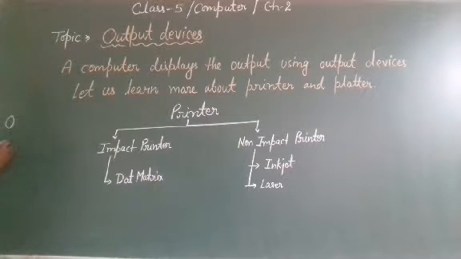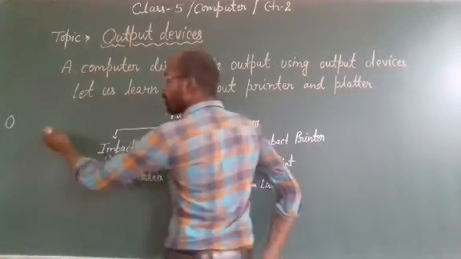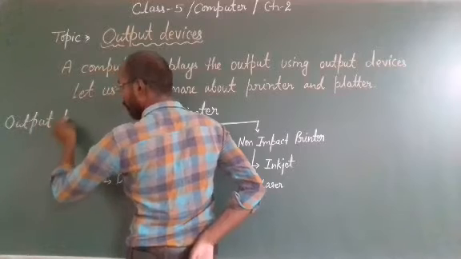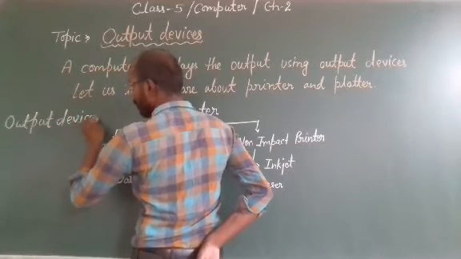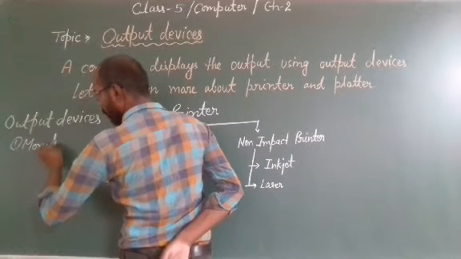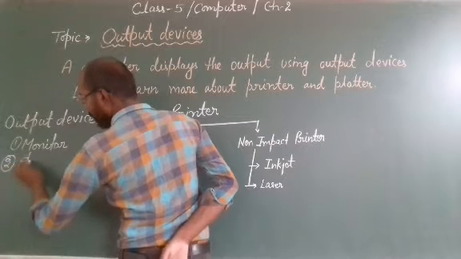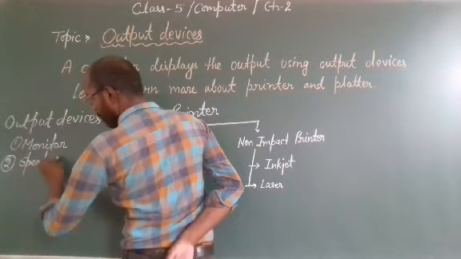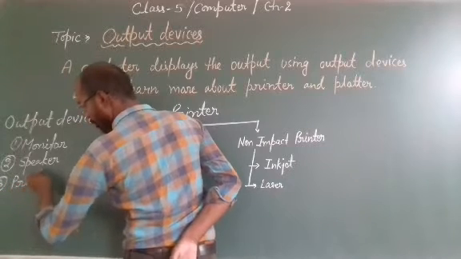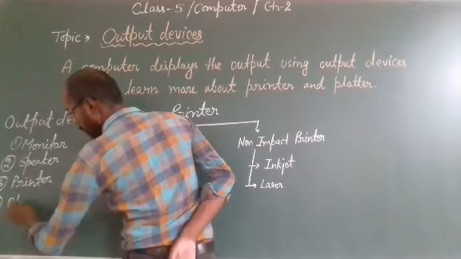Output devices are: first is monitor, second is speaker, third is printer, and fourth is plotter.